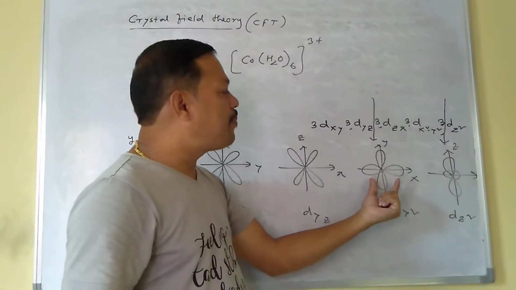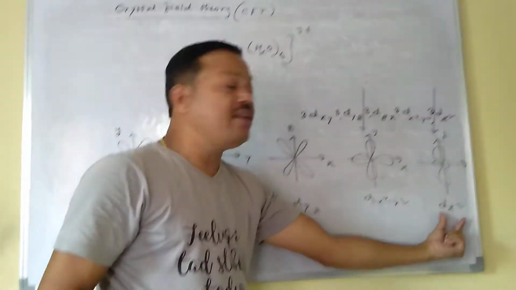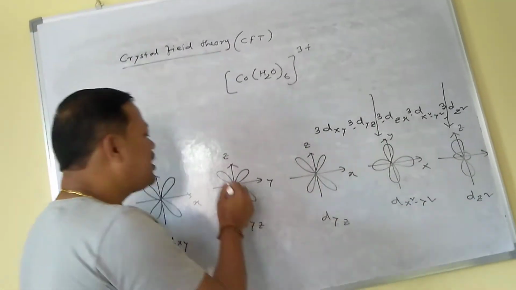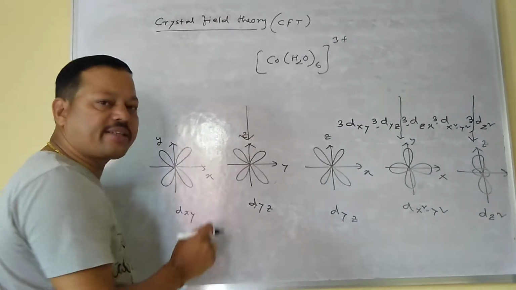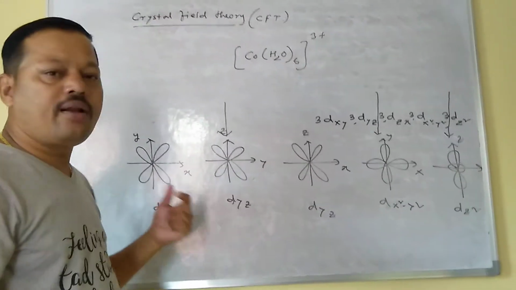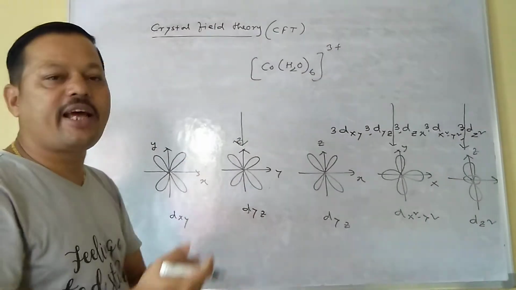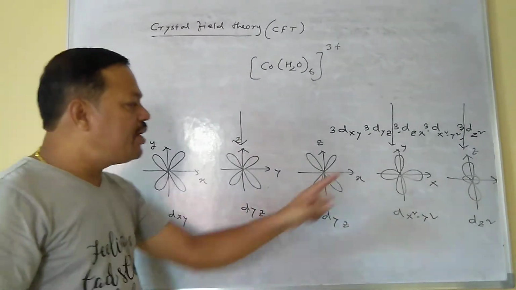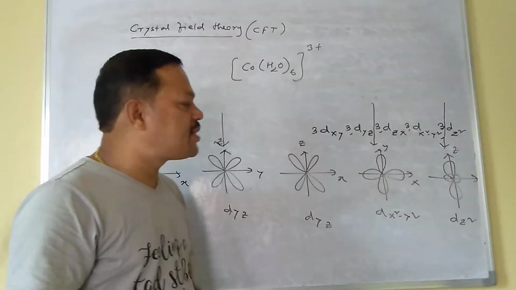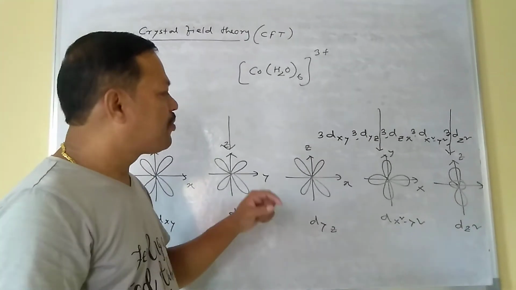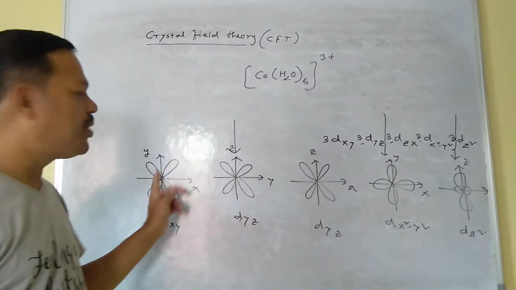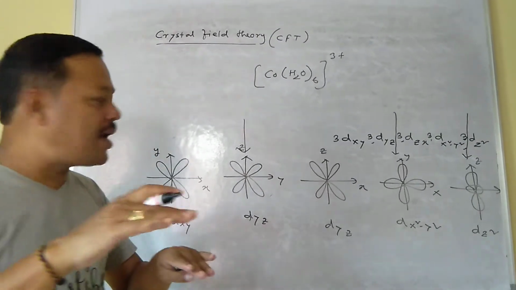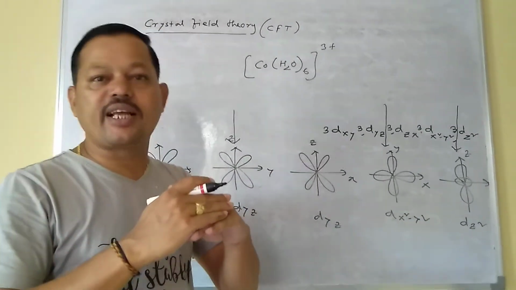That's why the repulsion will take place in these 2 orbitals. But since the ligand comes along the axis and the lobes are not present on the axis, in these 3 orbitals there will be no repulsion when the ligand comes towards the metal. So in these 2 orbitals repulsion takes place, and due to this repulsion these 2 orbitals will have higher energy and these 3 orbitals will have lower energy, and that is called the splitting of degeneracy.